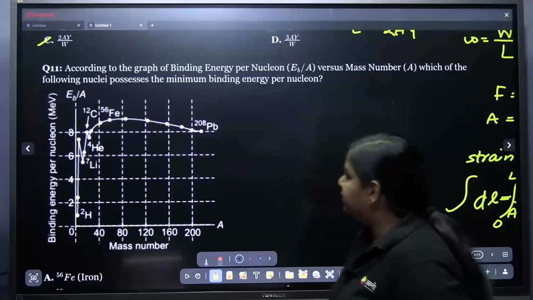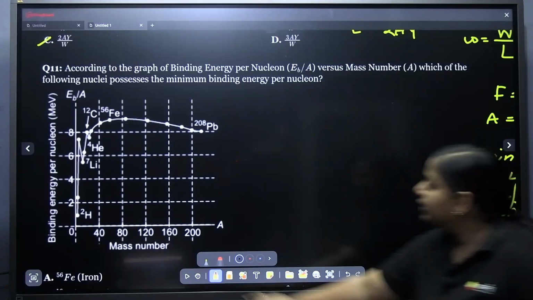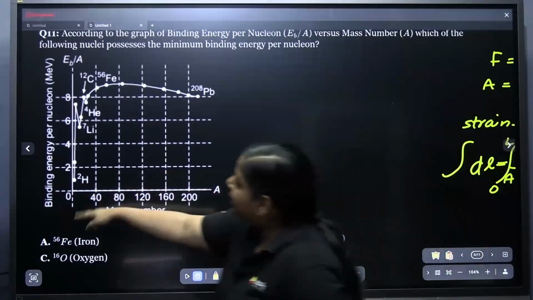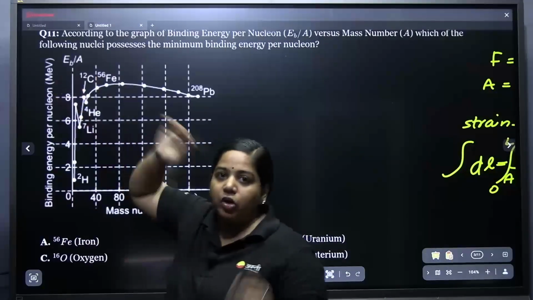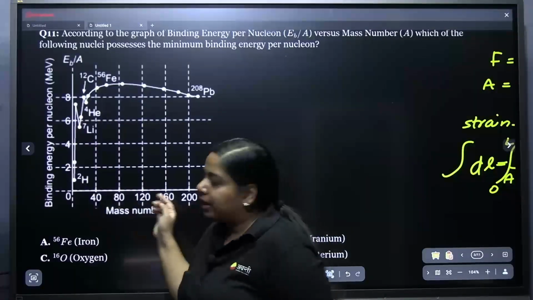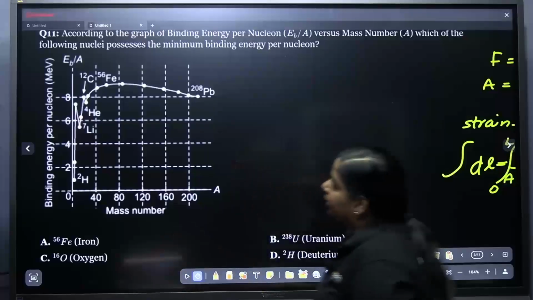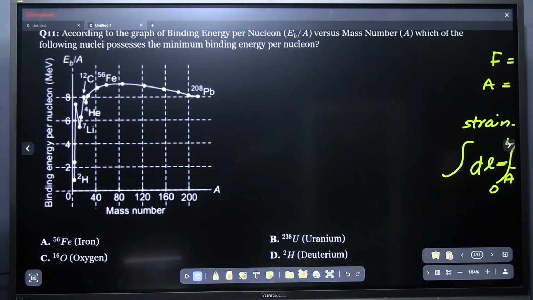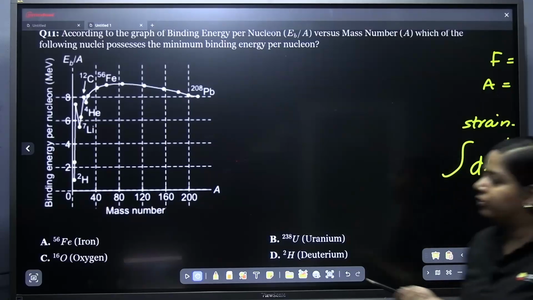is binding energy curve. In this, what are we plotting? Binding energy per nucleon, that is total binding energy divided by mass number, against mass number. According to this we are plotting. Question is very direct. According to the graph, binding energy per nucleon versus mass, which of the following possesses minimum binding energy per nucleon?